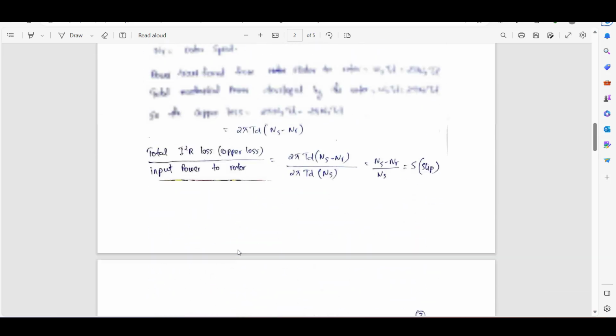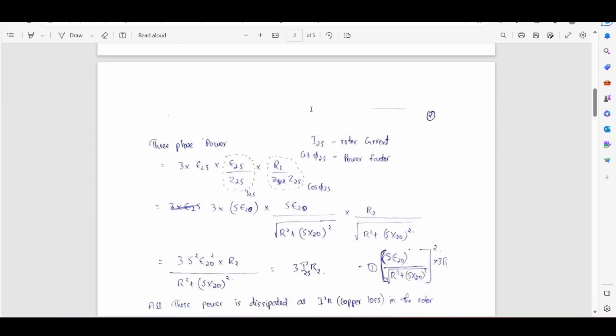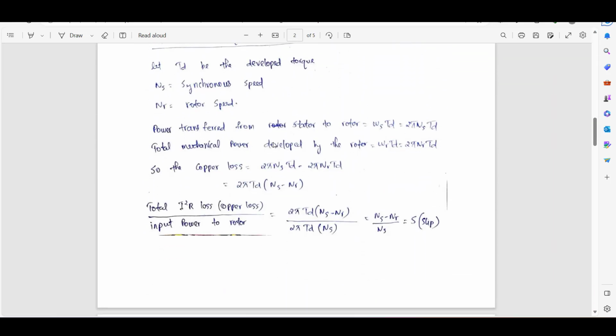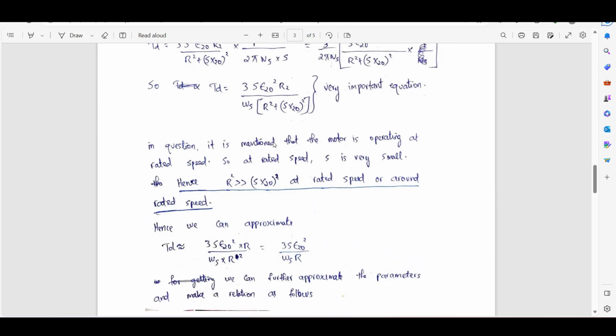Now going back to the question, we can see the motor is operated at rated speed, and that means the slip of the rotor is very low, because when the motor is operating at rated speed or close to the rated speed, the slip will be very low.